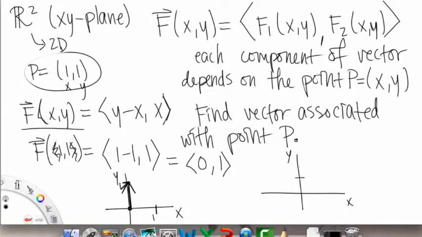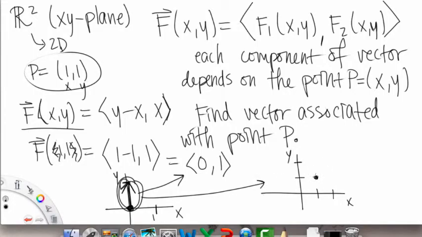So now we have this vector, because that's what we got from plugging it into the vector field formula or equation. But now the base of it, so where we start, is not necessarily at the origin, but at our point P. So where's our point P? It's at (1, 1). So here's the base of it, and then we just have to move this guy up to that point.